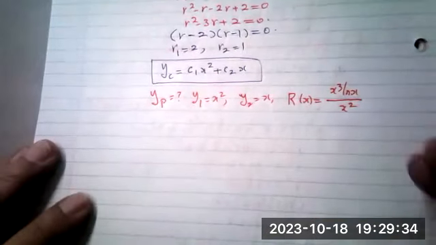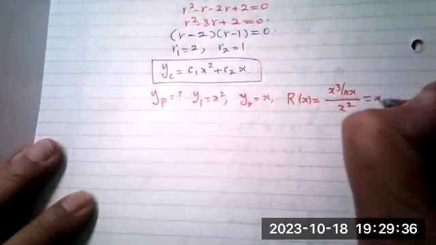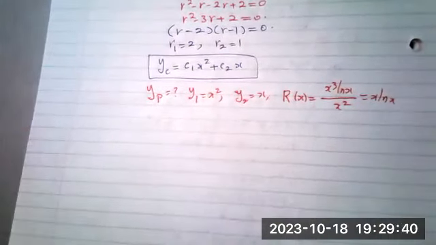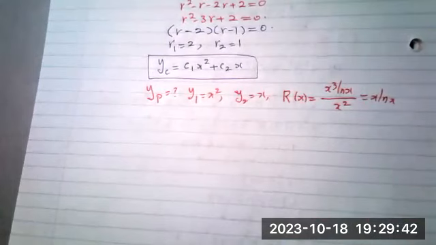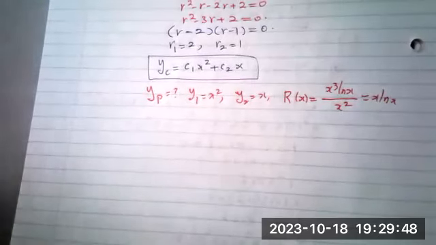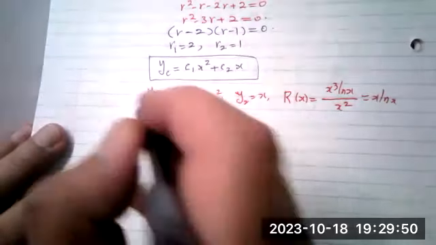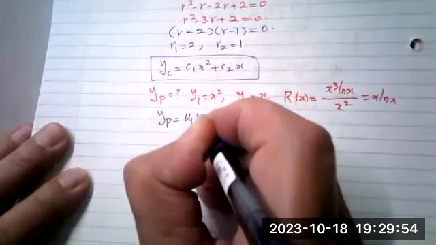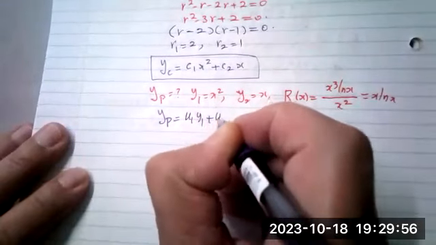So the result would be x ln x. If the integral gets complicated, probably you missed this line. So we have to go with the Wronskian first, because we want to use it. You know that your YP is going to be, the suggestion is U1 Y1 plus U2 Y2.